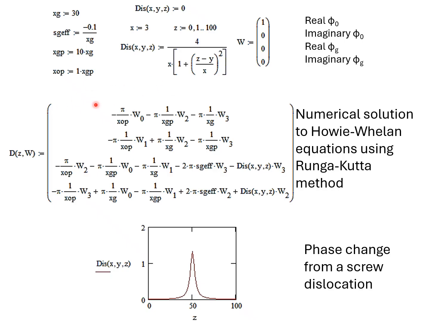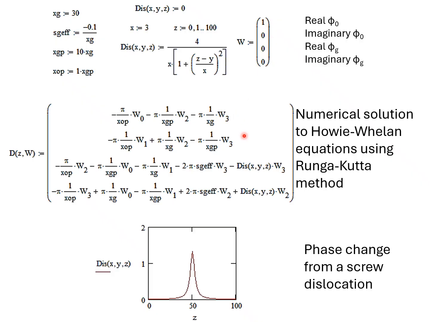Using the Runge-Kutta method allows one to step through, take incremental, if you like, an iteration, change the dz, change the depth a little bit, and then calculate at each point a new factor which feeds into this array.